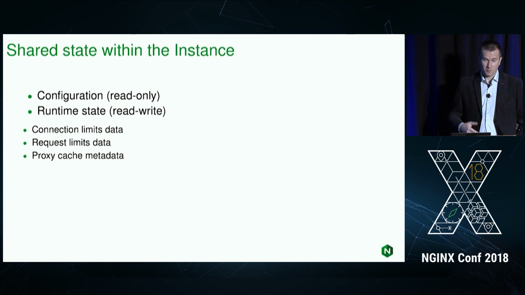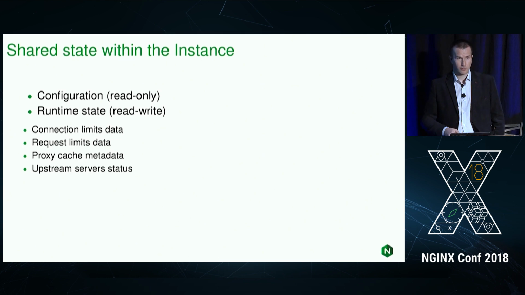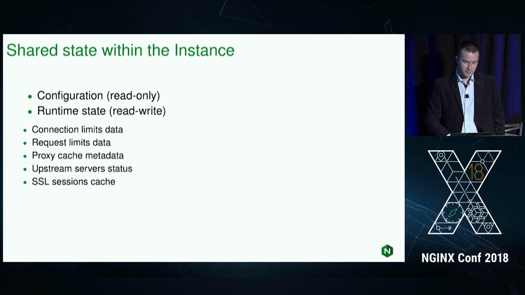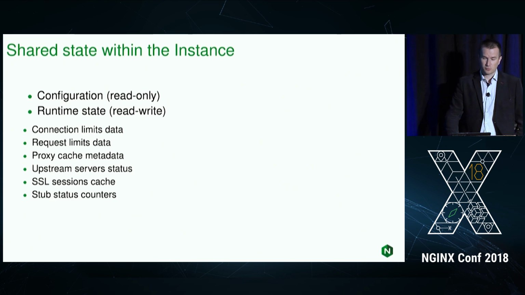We have proxy cache metadata, where Nginx stores information about which objects were cached, their state, and where they're stored. We have status for upstream servers, number of fails, various statistics for connections used for load balancing. We have a shared SSL sessions cache, and we have a number of counters in the stub status module.